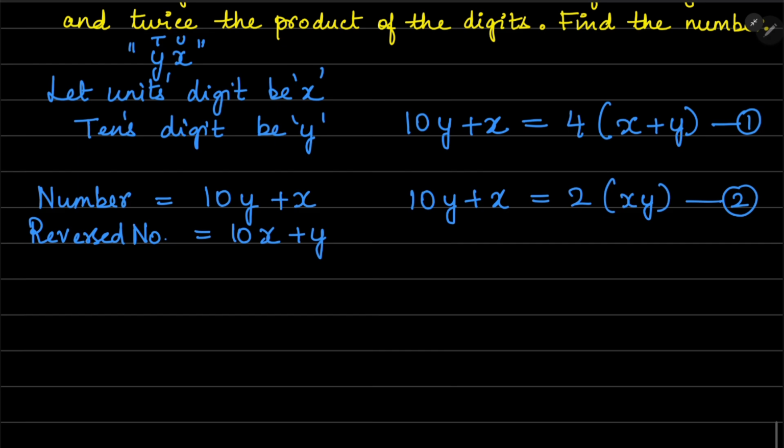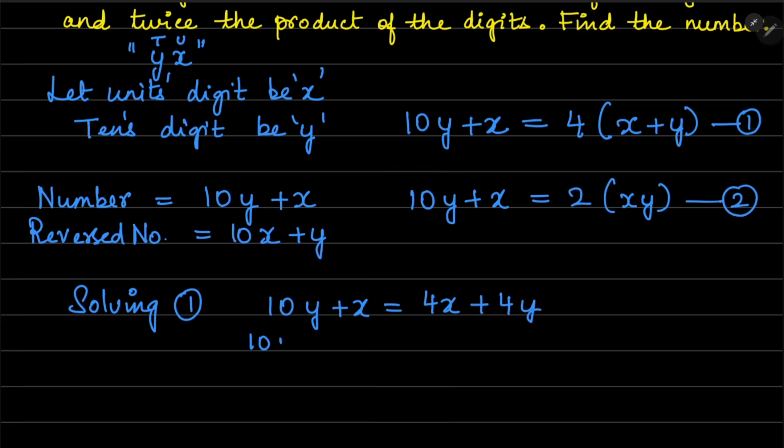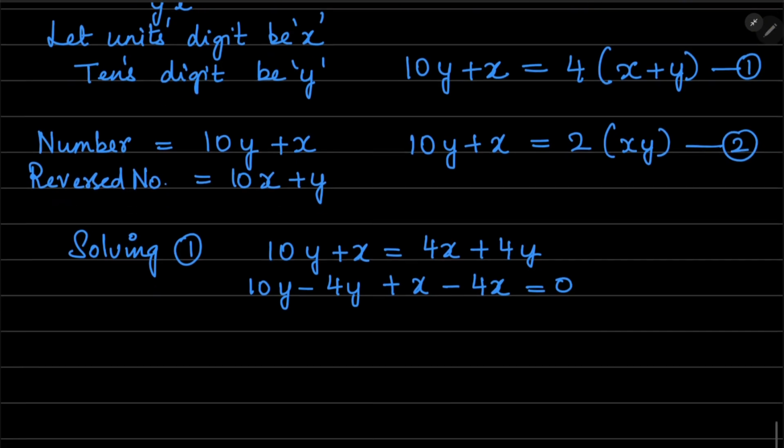Now let's simplify equation 1. What do you get? 10y plus x equals 4x plus 4y. Taking everything to the left hand side, 10y minus 4y plus x minus 4x equals 0.